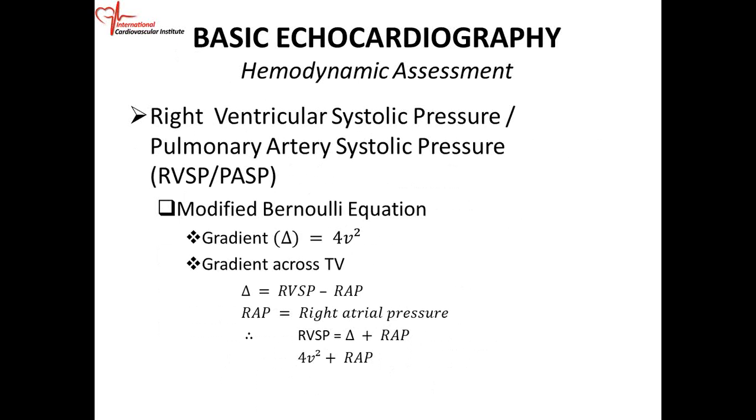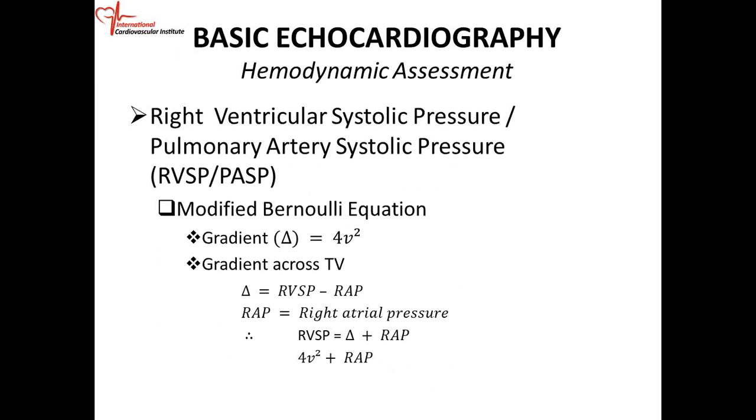So blood is flowing in the opposite direction to which it normally flows, and this occurs in systole. So tricuspid regurgitation is a systolic phenomenon where blood moves from the RV across the tricuspid valve into the right atrium. Therefore, the pressure in the RV has to be greater than the pressure in the RA for the flow to occur. You're only going to have flow in a particular direction if the pressure difference is there.